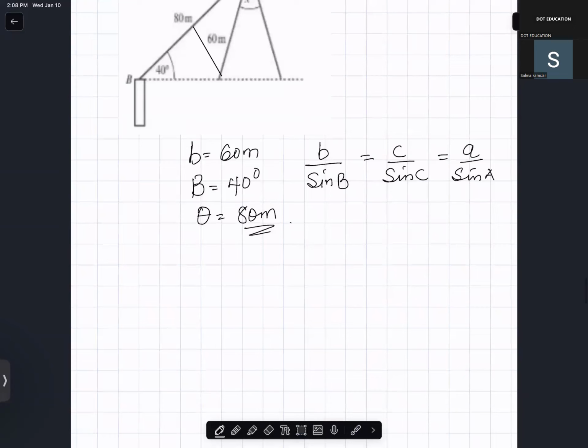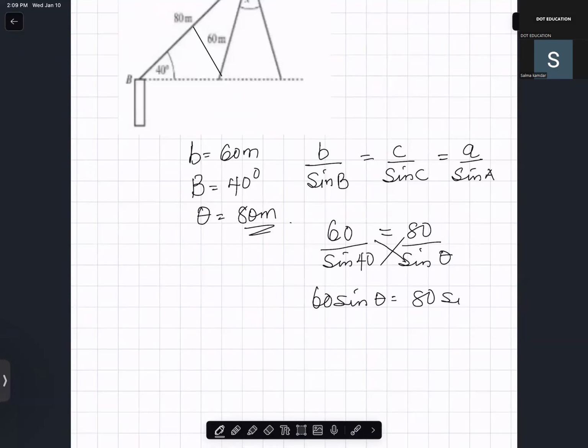So I'll have 60 divided by sine 40 equals 80 divided by sine theta. So I'll have to cross multiply. So I have 60 sine theta equals what? 80 sine 40 degrees.